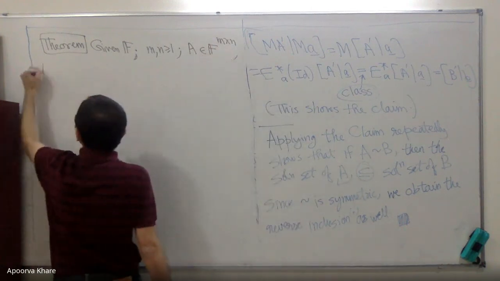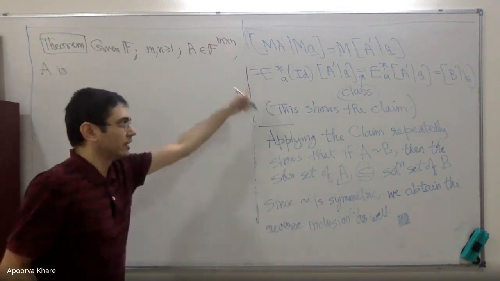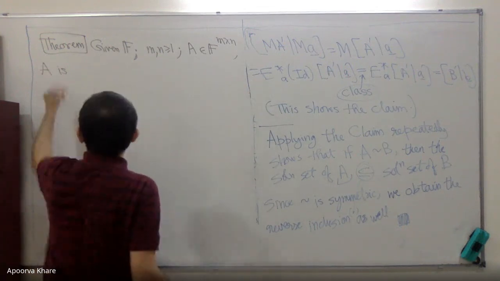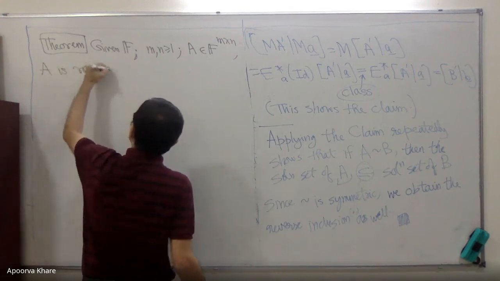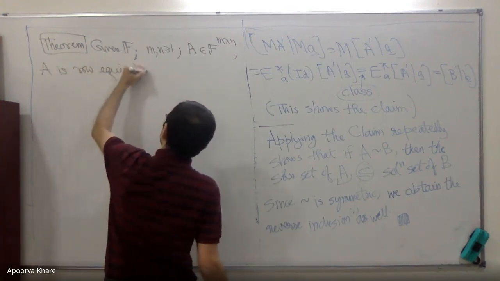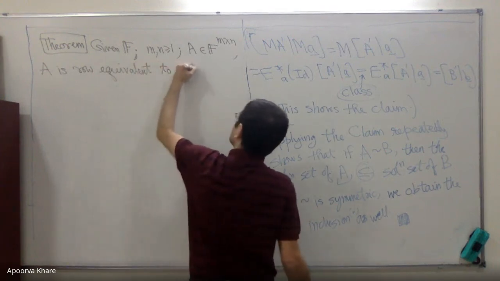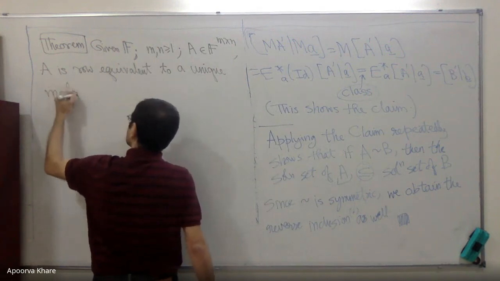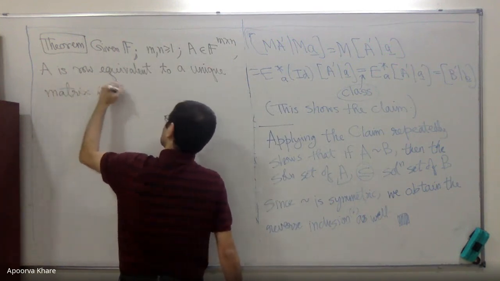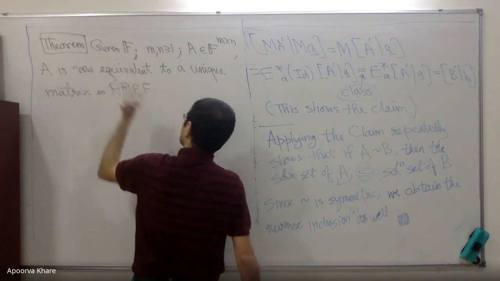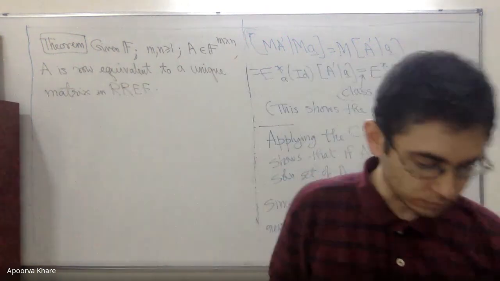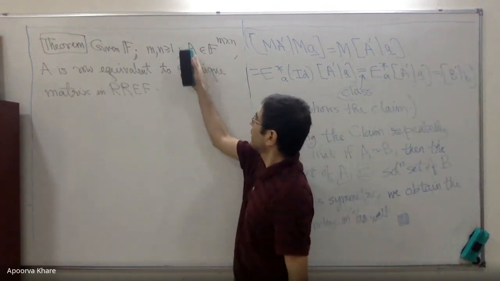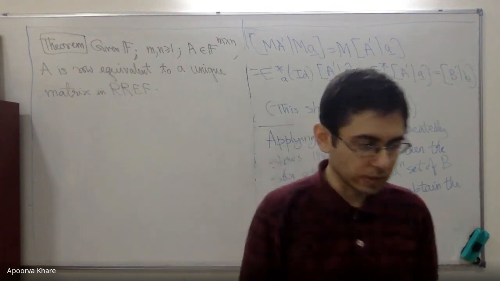Then given these data, A is rho equivalent to a unique matrix in rho reduced echelon form. That is the statement of the theorem. Again, of course, if A is augmented, then this unique matrix is also augmented.